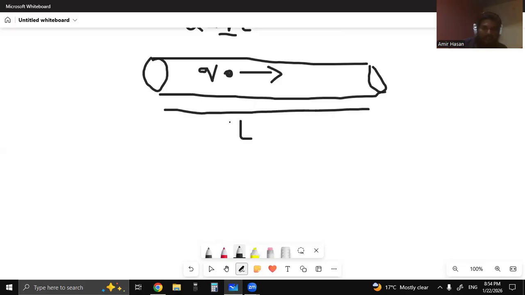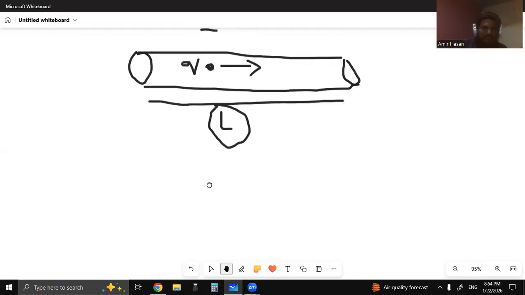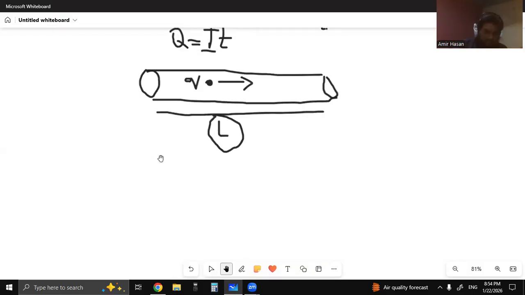Throughout the length, millions of charges are present, and when they move along the length, they form the value of current.